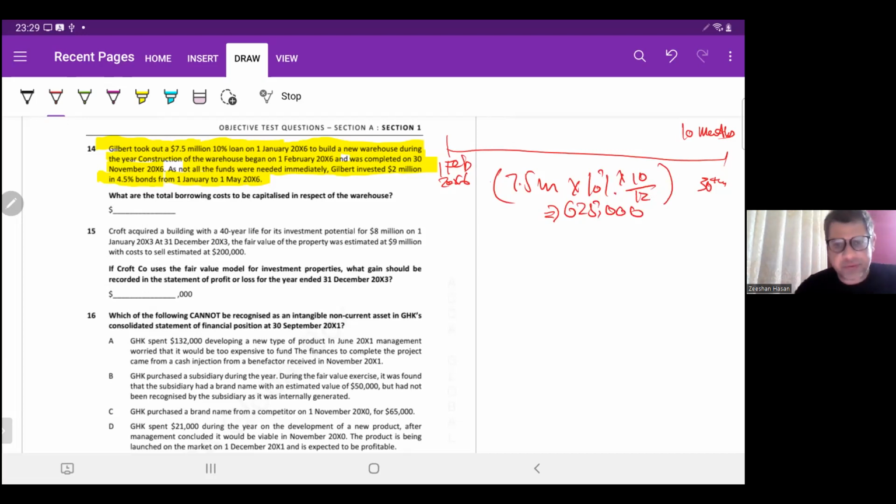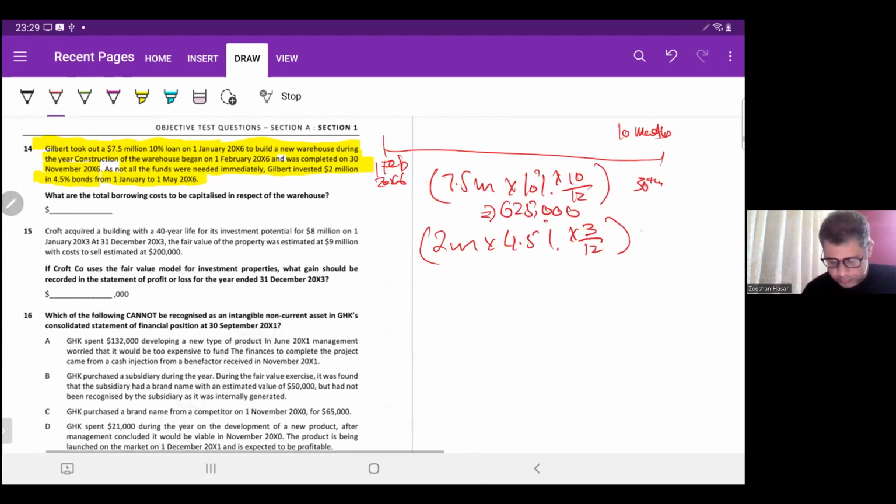and the amount earned from 1st February to 1st May X6 is 2 million times 4.5% times 3 divided by 12, which is 22,500.